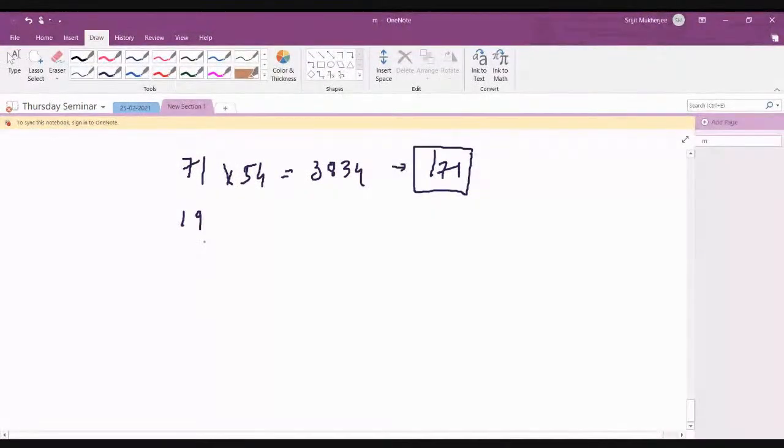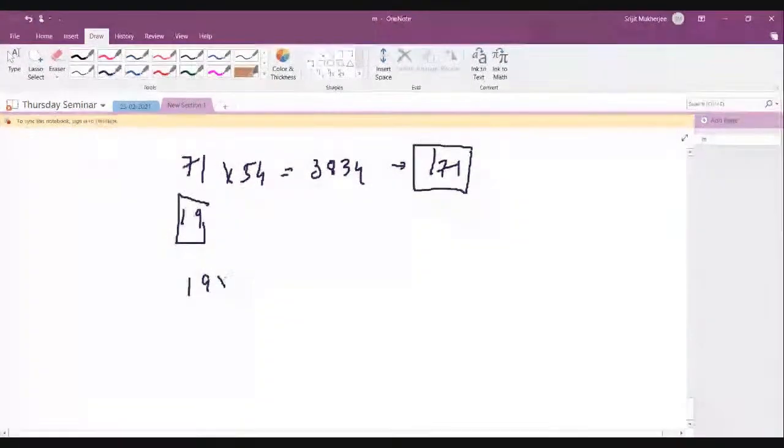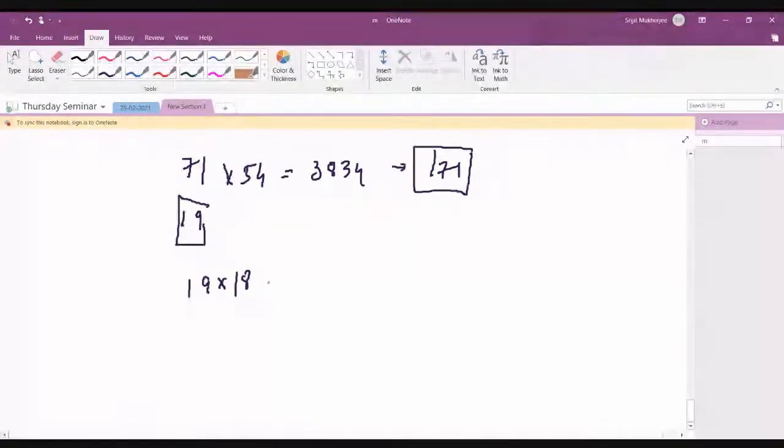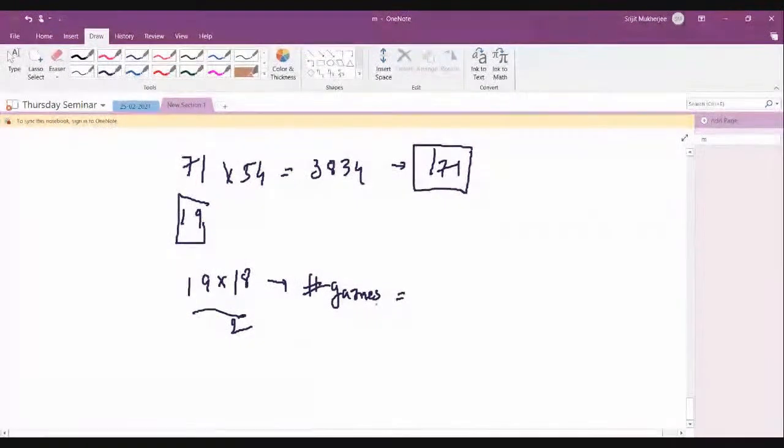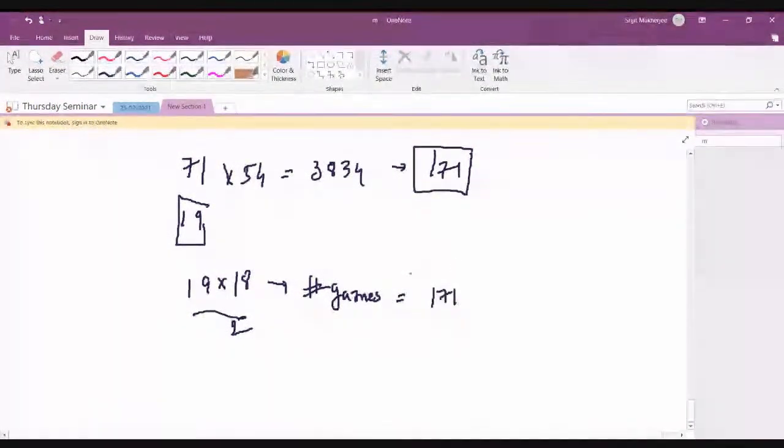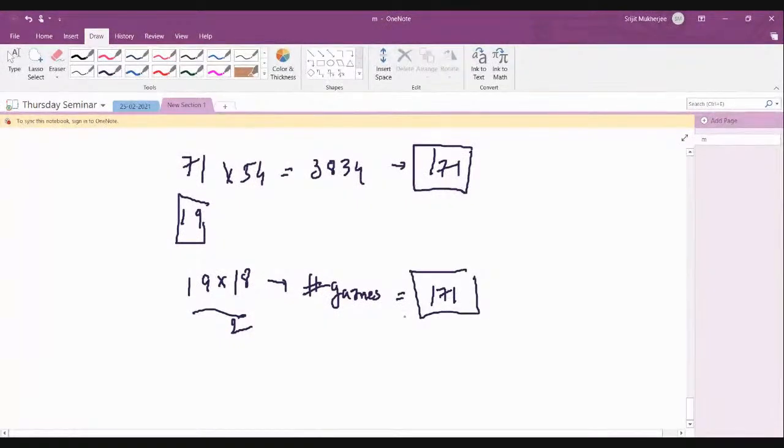19 players are left. They will play 19 choose 2 number of games, which is equal to again 171. Lovely. So in this case, they get exactly the same number of points left as the points they have won.